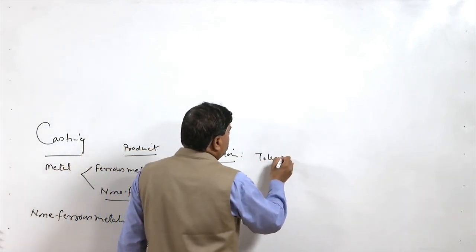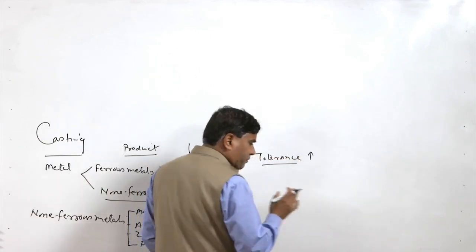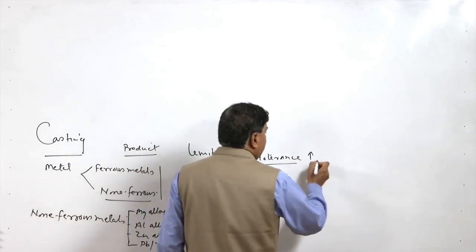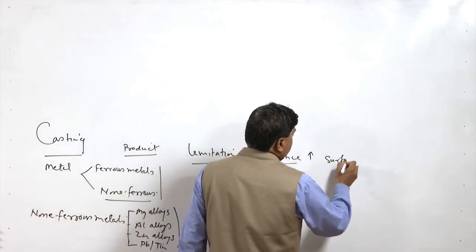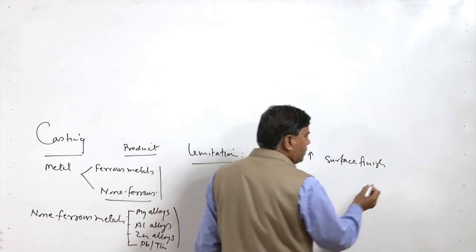These limitations primarily include that the tolerance achieved in the cast products is high, it is not very close. So, the dimensional variability is more, and the surface finish achieved through the casting route is also not very good.